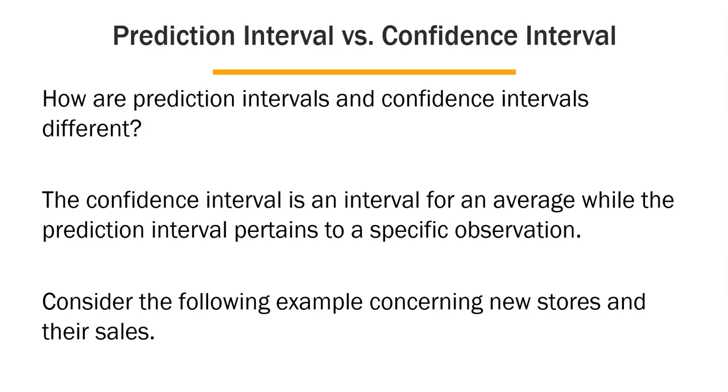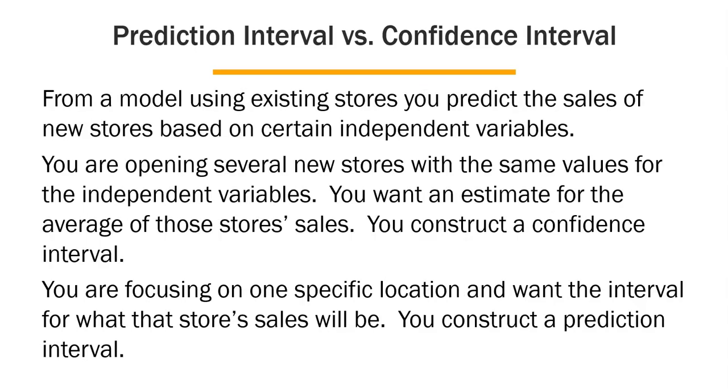So let's give you the following example involving new stores and their sales. You have a model using existing stores, and you predict the sales of new stores based on certain independent variables. So how large the store is, maybe how large the city is where the store is located, maybe the average income in that zip code, whatever might be your explanatory variables.